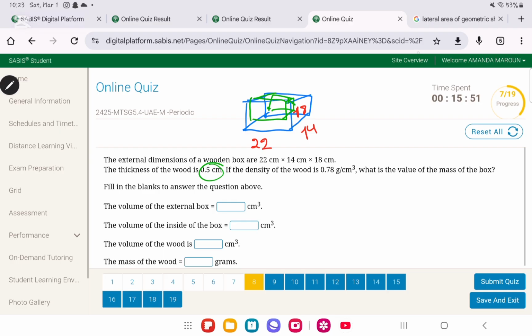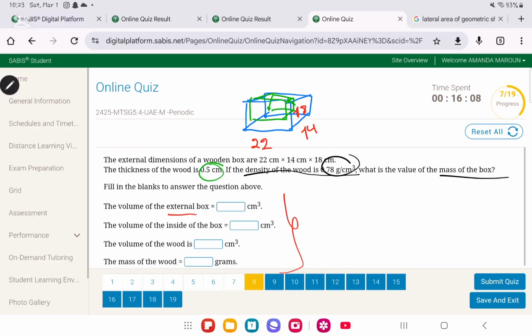They also gave us that the density of wood is 0.78 gram per centimeter cubed. They told us to find the value of the mass of the box. To do this, we need to follow 4 steps. The first step is to find the volume of the external box.